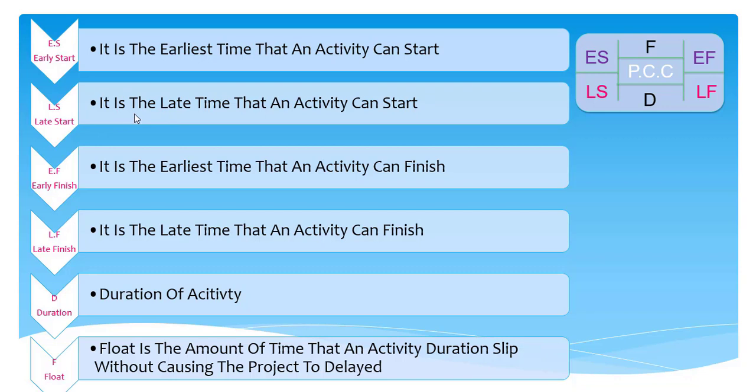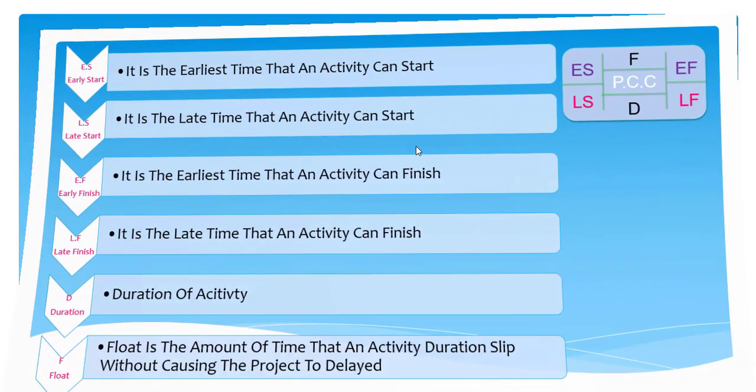Likewise, late start is the latest possible time that an activity can start, and early finish is the earliest time that an activity can finish. Late finish is the latest time that an activity can finish. Now, duration I have already explained, and the float is the amount of time that an activity duration can slip without causing the project to delay. Okay, so hope you understand early start, late start, early finish, late finish, float, and the duration.